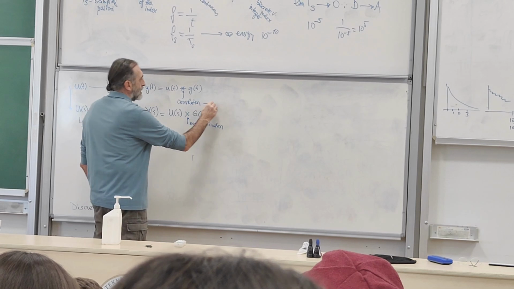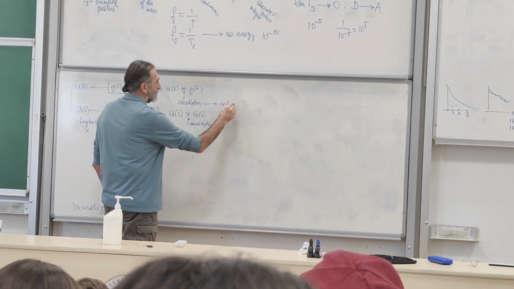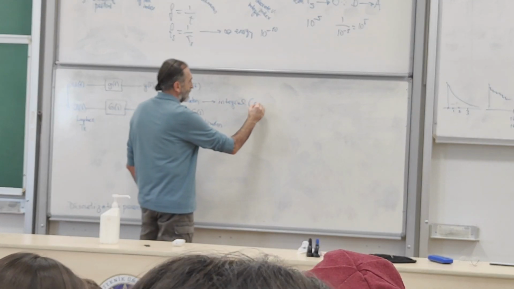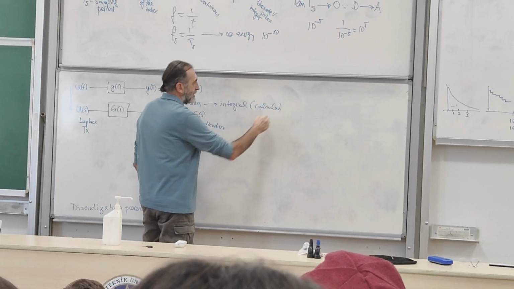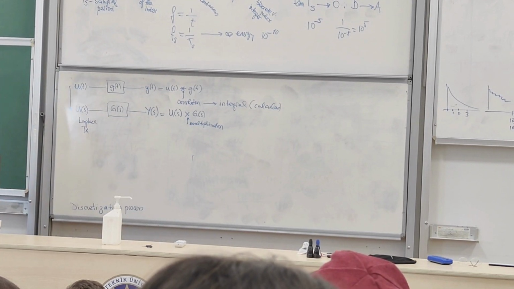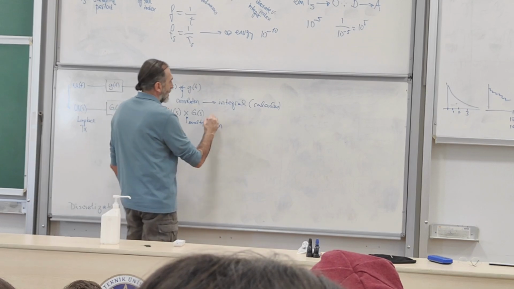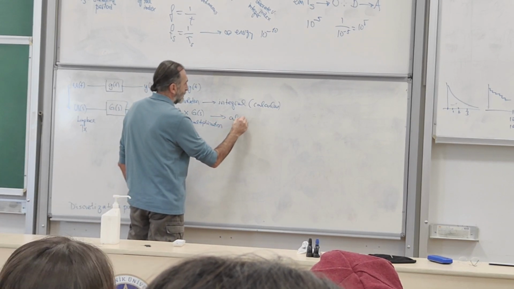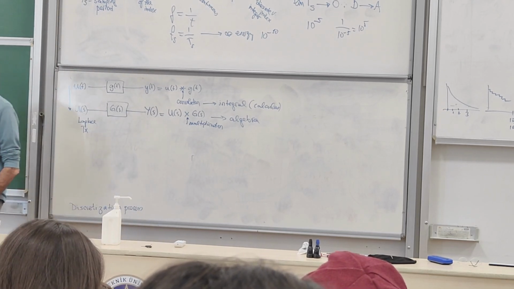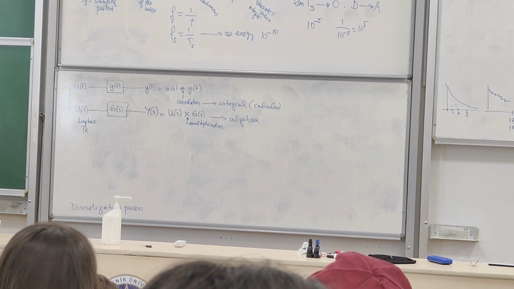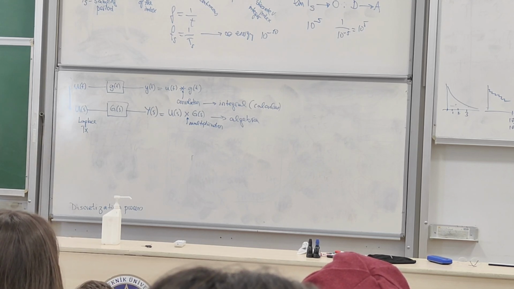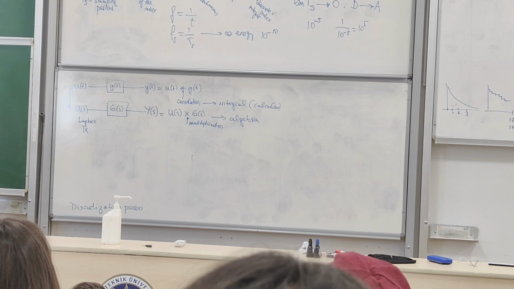Convolution is an integral, so that is calculus. Integration, differentiation, all those are calculus operations. But multiplication is algebra. So the good thing about the Laplace transform is that it turns calculus into algebra, simple multiplications and divisions.